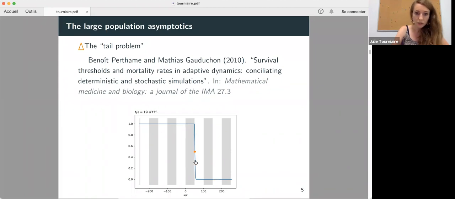The blue line is the density, the orange dots the position of the invasion front, the gray patches are the favorable patches, and the white ones the unfavorable patches. So you see that the orange dot is stuck for a while, and then it jumps to the following gray patch.